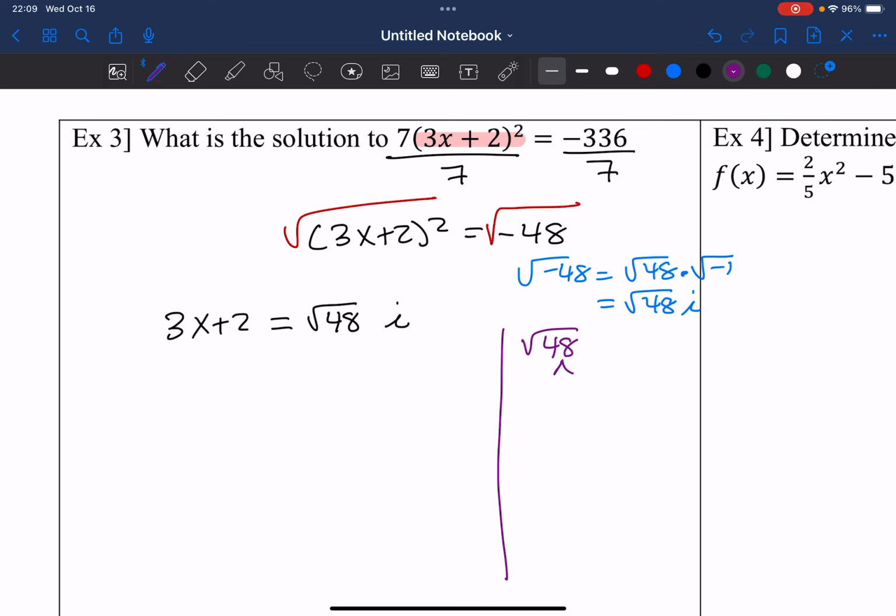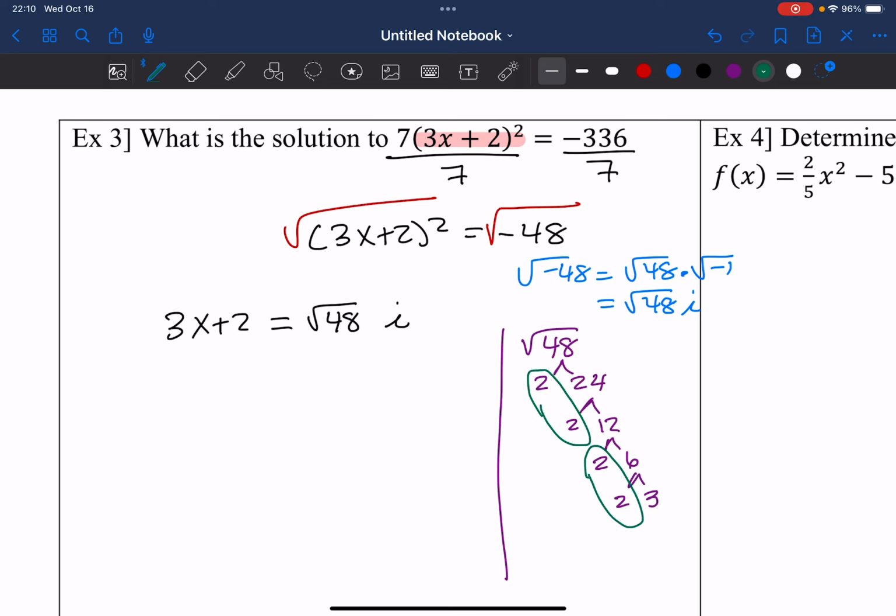So 48, I'm going to start with 2. 2 is a prime number. 48 divided by 2 is 24. And then 2 divided into 24 is 12. 2 divided into 12 is 6. 2 divided into 6 is 3. I stop at 3 because 3 is also prime. Then I circle pairs of 2.